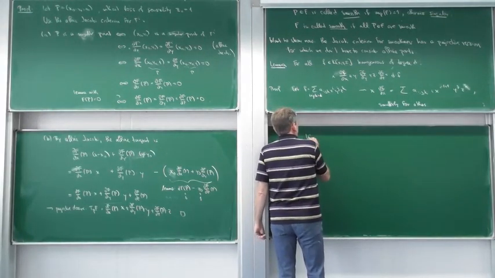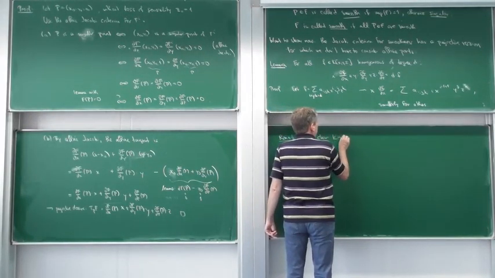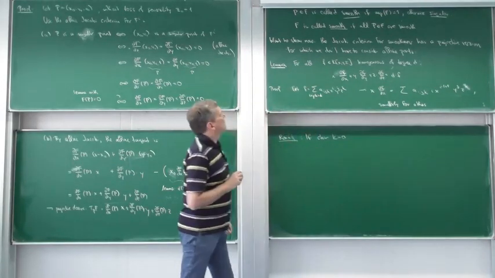So if the characteristic of your ground field is 0, or it's not a divisor of d, that would be sufficient.